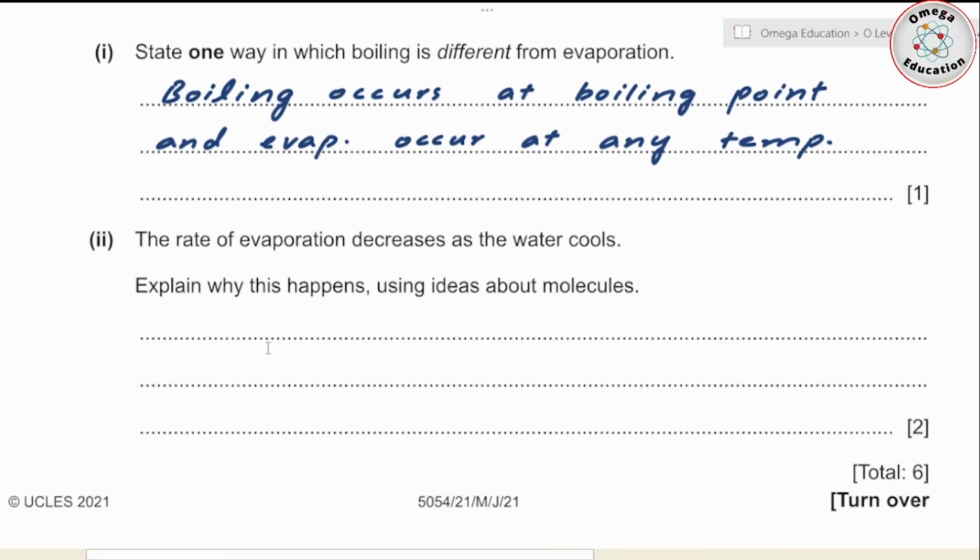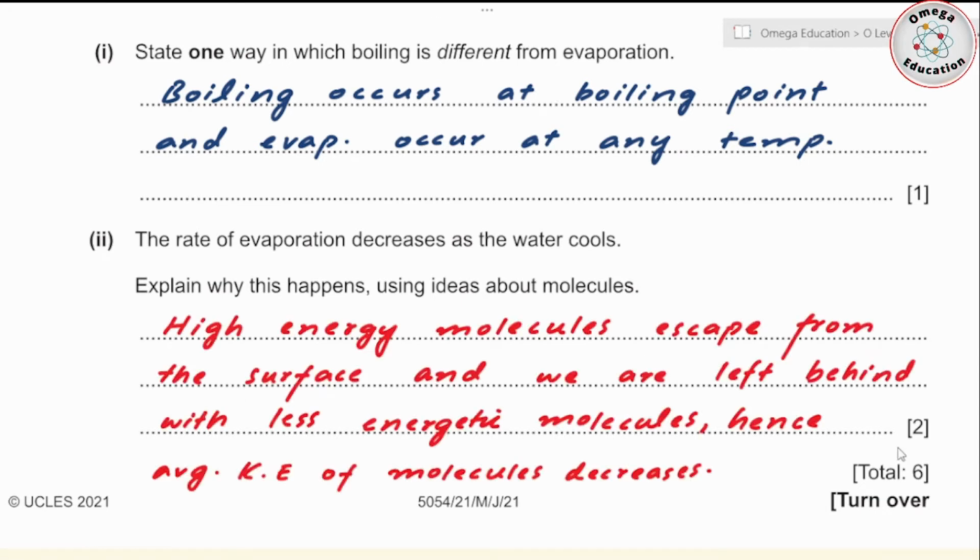The next one, then we have the rate of evaporation decreases as the water cools. Explain why this happens using the ideas about molecules. So this is how you can phrase this one. High energy molecules escape from the surface and we are left behind with less energetic molecules.